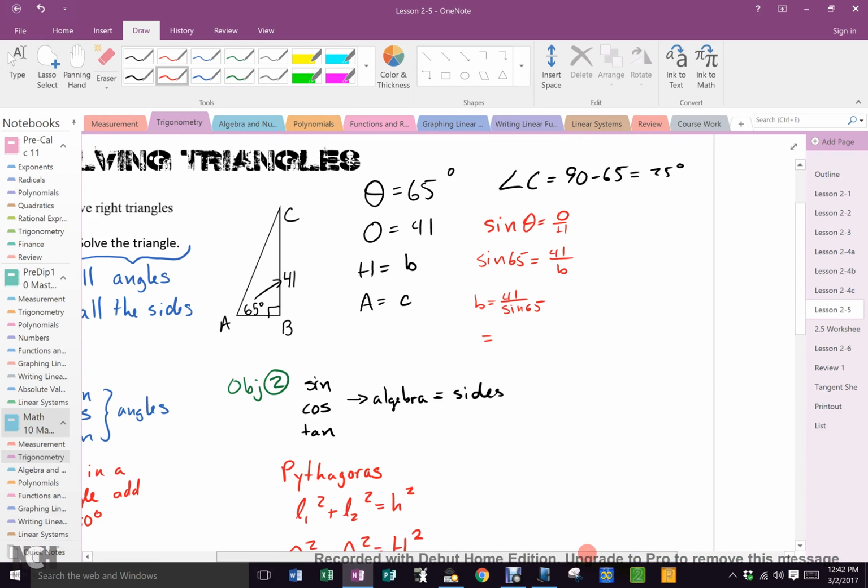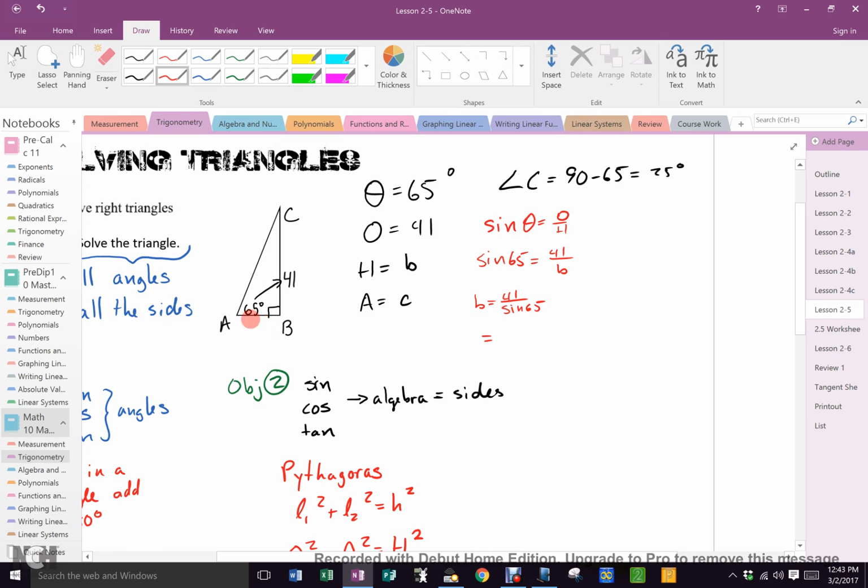Now, do you now know your hypotenuse? You do, right? Now, since you know your hypotenuse, could you use cos to find this side? You can because you have a hypotenuse, right?